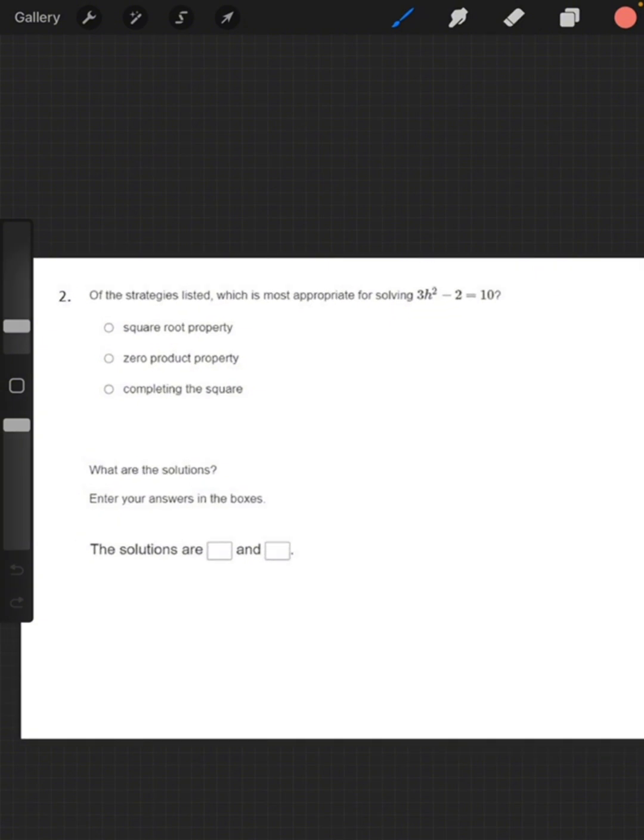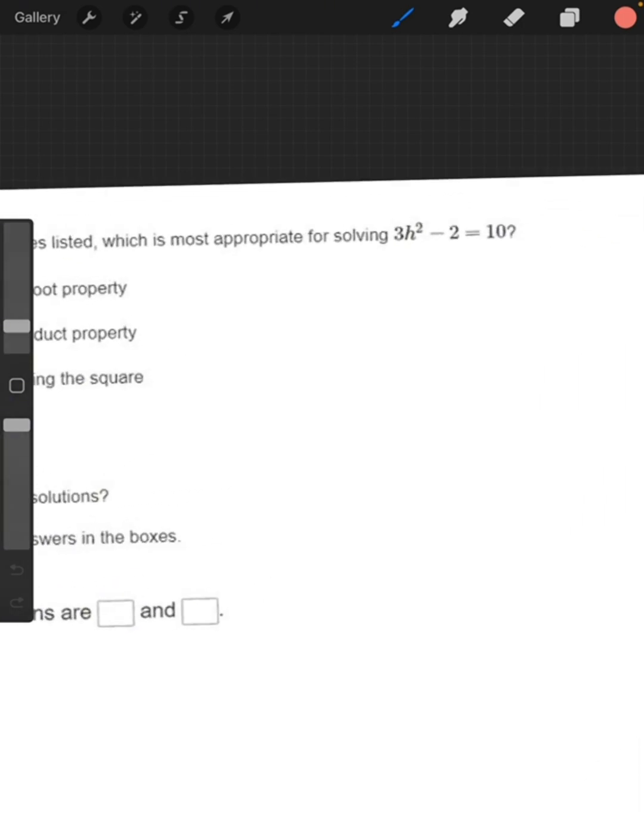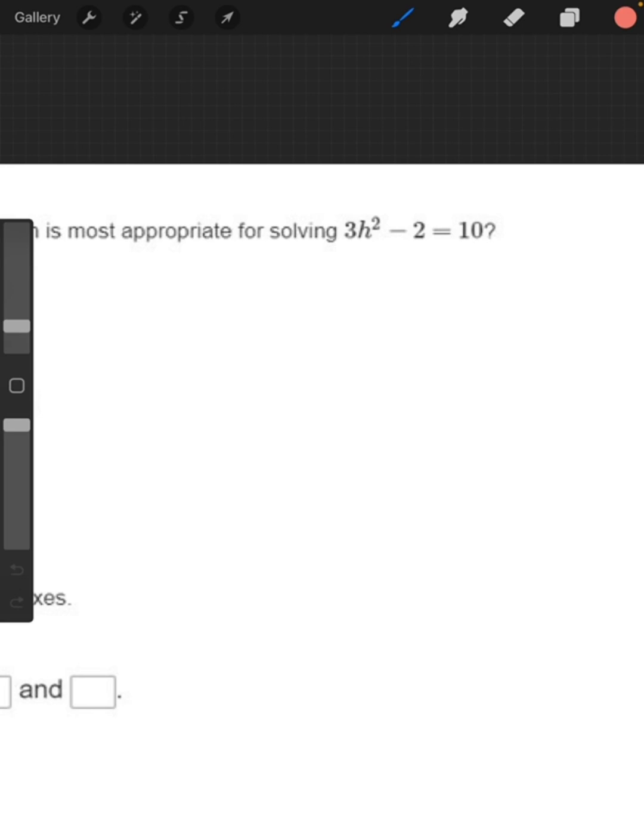So first we have to solve part A, which is asking which strategy would best solve this one. As we can see, there is a square root right here and additional parts.